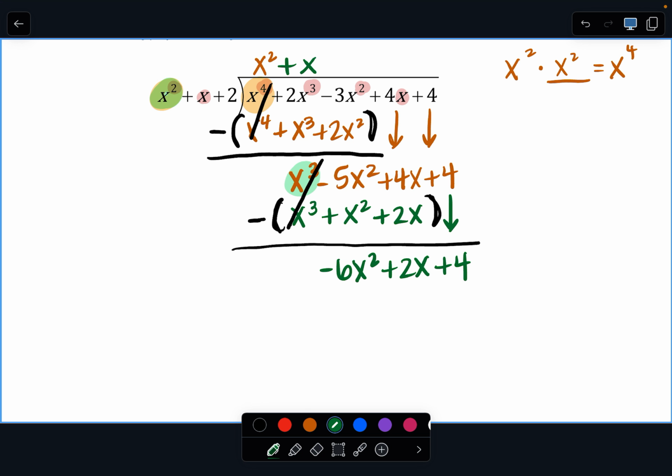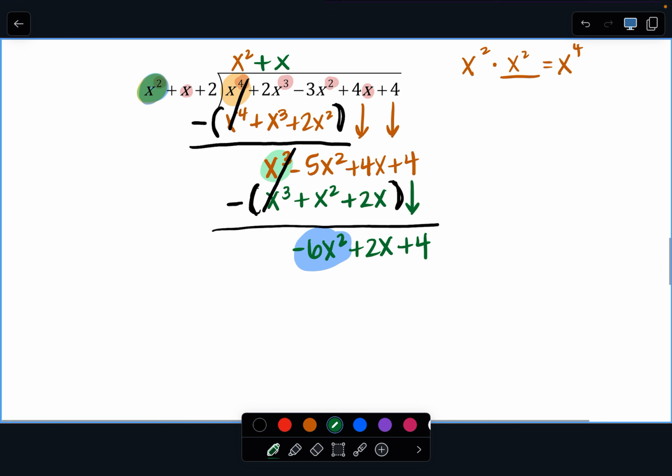Now this is one where we're going to have to go one more time. So I'm going to look at the negative 6x squared, and I have an x squared already. So what do I have to multiply x squared by to make negative 6x? Negative 6. So I'm going to go in, negative 6, and the same exact steps, multiply, subtract. So I'm going to have negative 6x squared minus 6x minus 12.